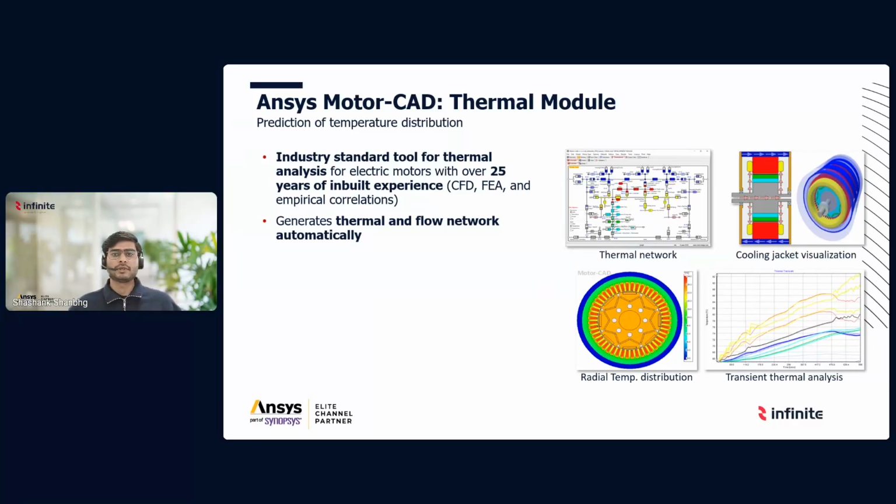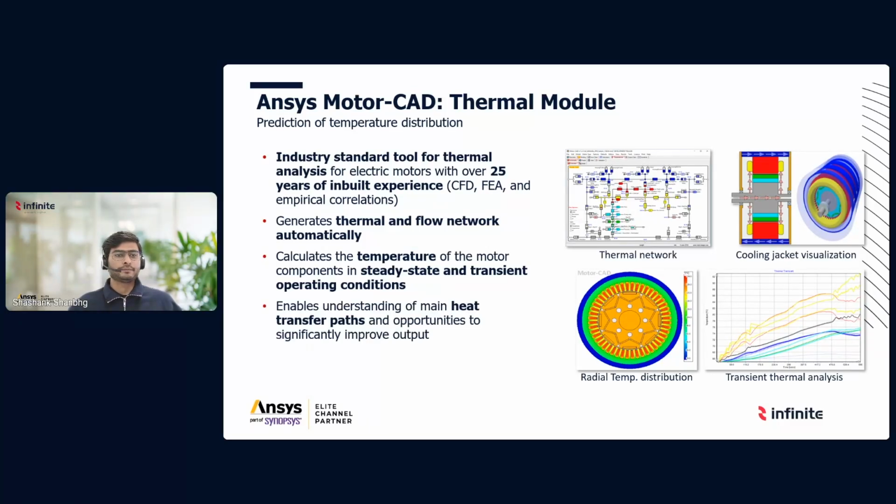So you can see the thermal network, and you can visualize different regions of the motor, how the flow would be. Mainly it's to see the heat transfer paths, to see how you can improve the heat transfer and make effective use of your motor in a system.